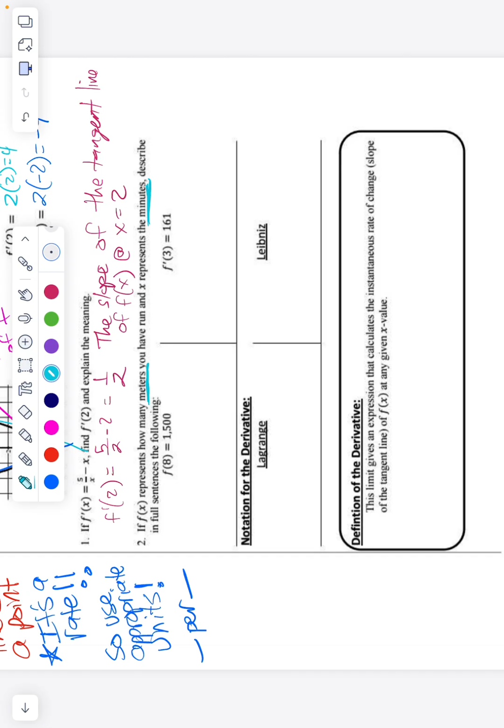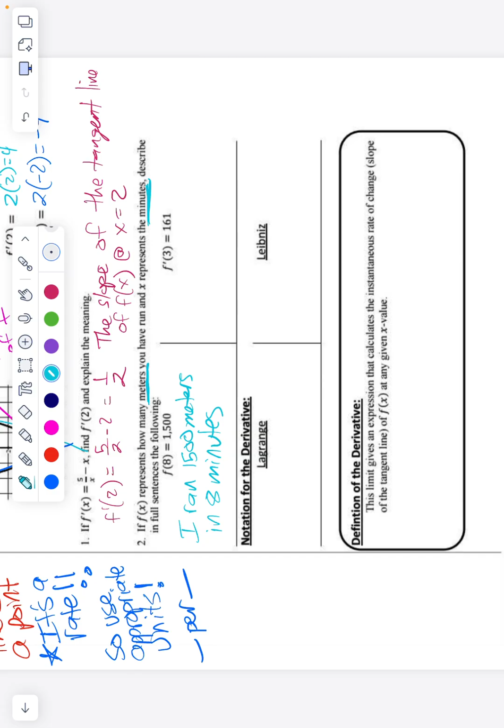Say it again. In 8 minutes, I ran 1,500 meters. Okay. I'm going to change it just a slight bit. I ran 1,500 meters in 8 minutes, which is just a slight change on what you said. It's just better grammar. It's okay.